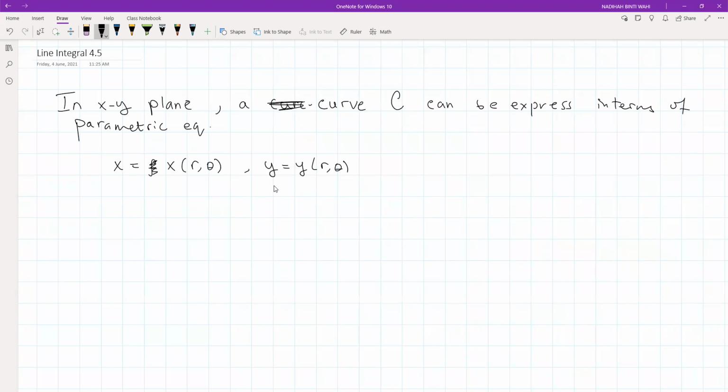So this is a parametric equation. Now I want to change this notation. This is in polar coordinates. So in general, I can say x is a function phi of t, and y is a function psi of t, and t is a real number from A to B.